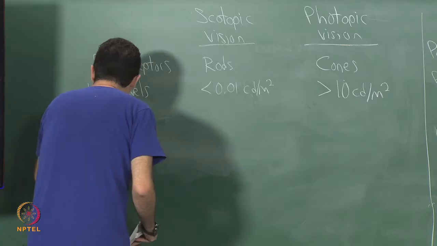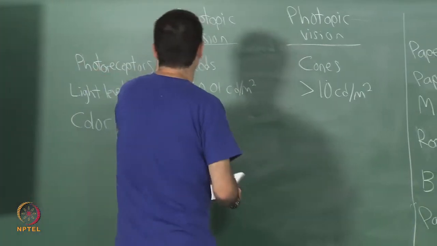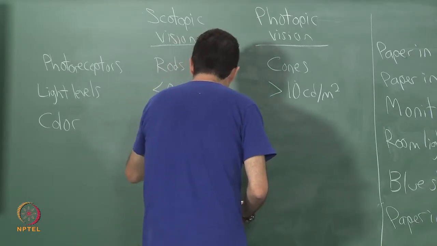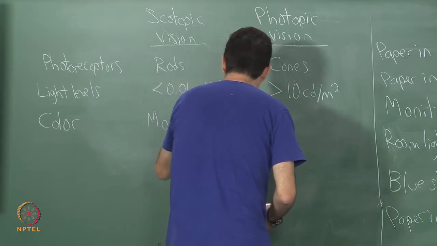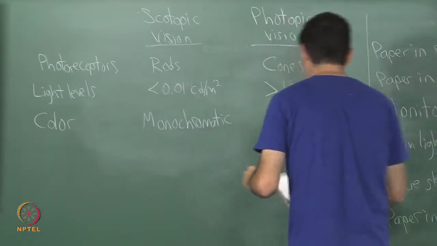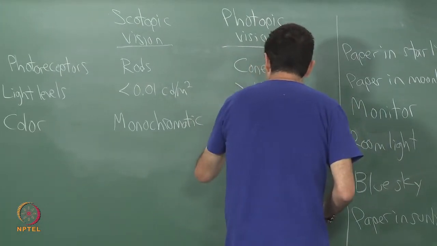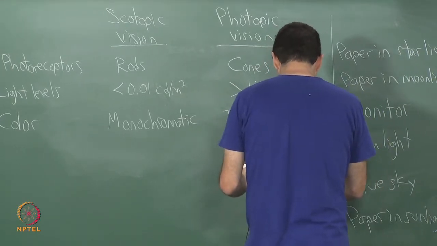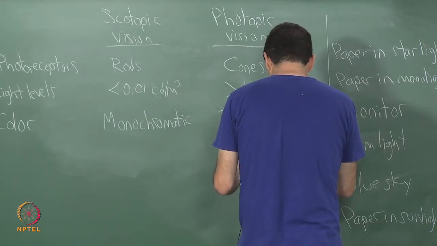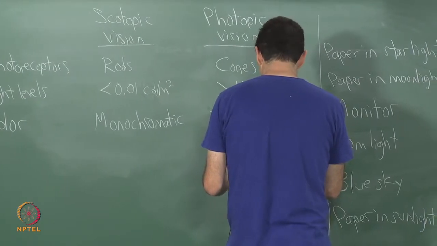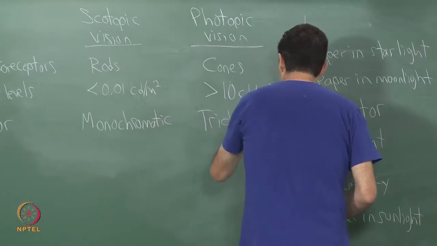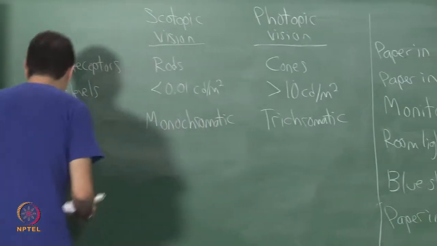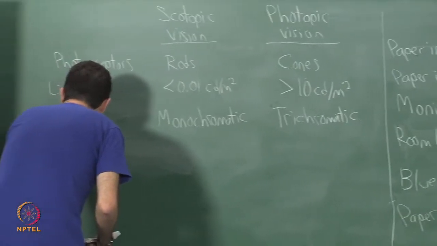So as far as color perception goes, when you're in scotopic vision mode, it's monochromatic. And in photopic mode, it's trichromatic based on the RGB sensitivities of your cones. So trichromatic. And there's the adaptation period.